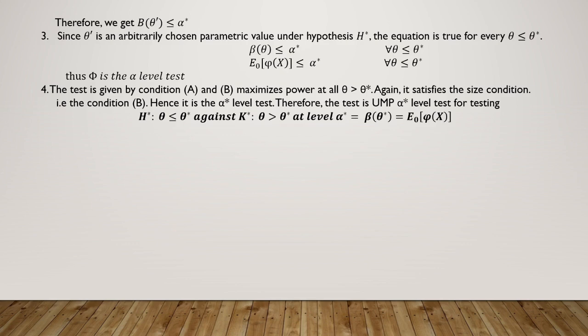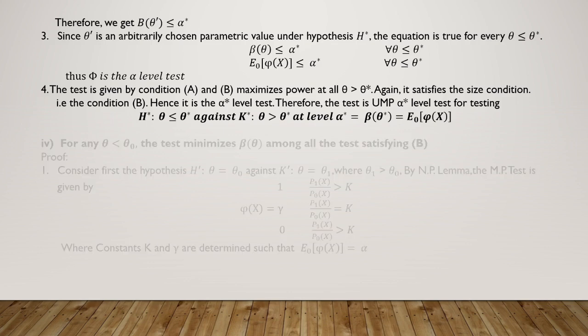Again, it satisfies the size condition. Hence, it is the α* level test. Therefore, the test is the uniformly most powerful α* level test for testing H*: θ ≤ θ* against hypothesis K at level α*.